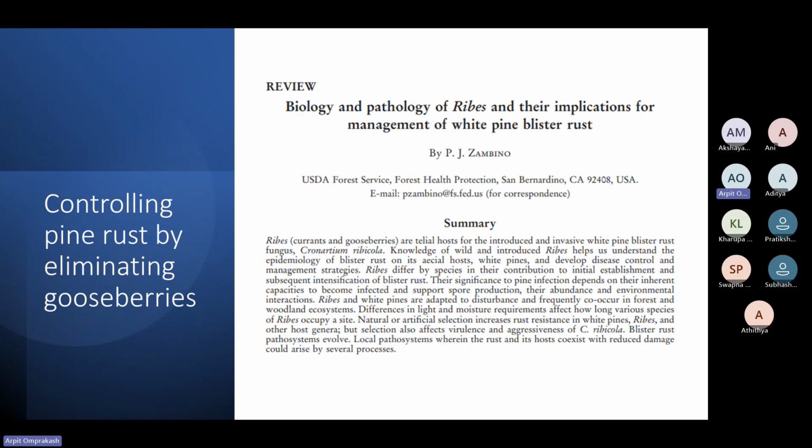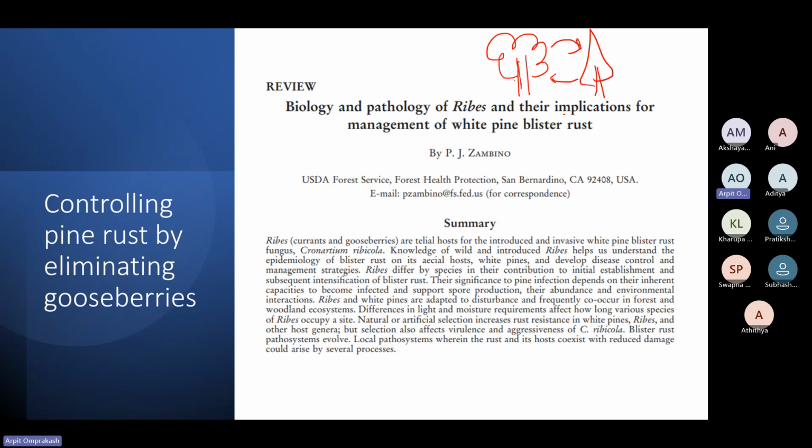In this paper review, they describe a pest, I don't remember its name exactly, that needs gooseberries and pine trees to survive. These pests have a complicated life cycle. It's a fungus, and for half of its life cycle it needs to be on the pine tree, and for the other half on the gooseberry tree.